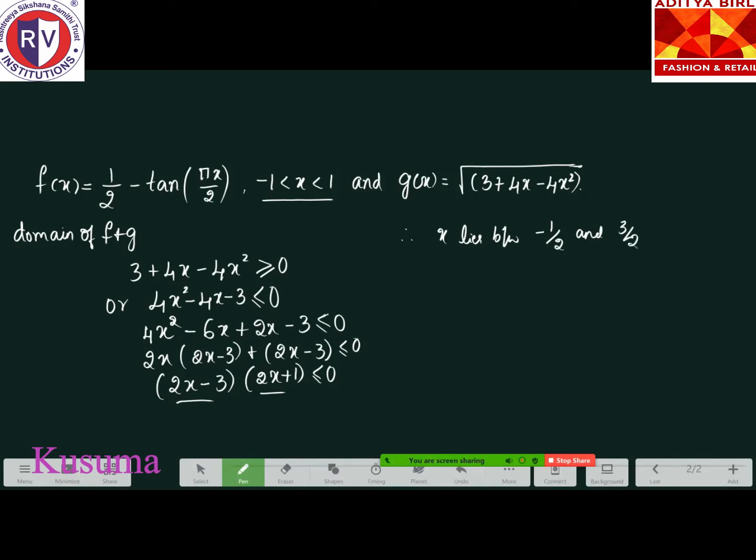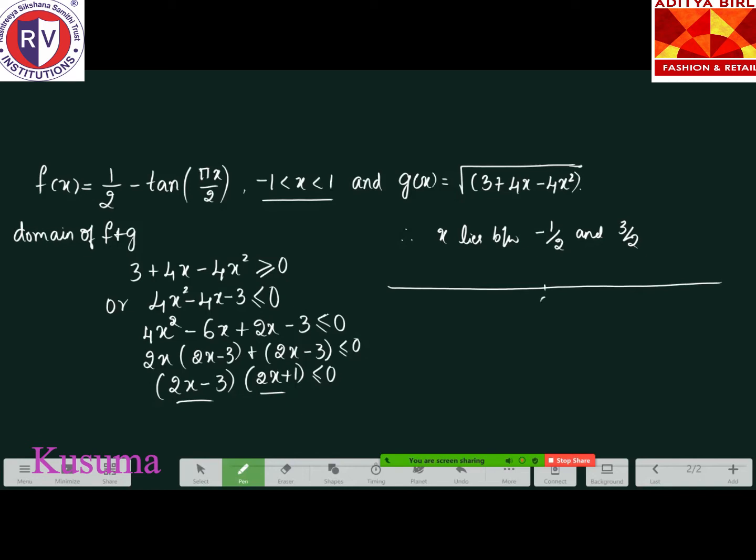Now we got the interval for both f and g, where the x lies. As I told you, for f plus g, we have to find out the common portion in both the intervals. That will give you the domain of f plus g. Now let us plot these on a number line. Let us see what the common portion is. This is the number line.